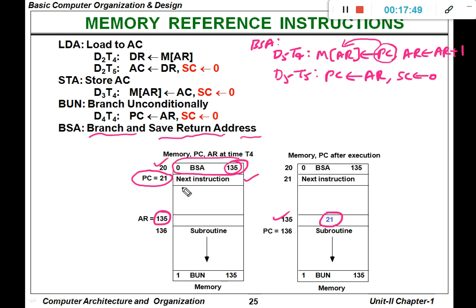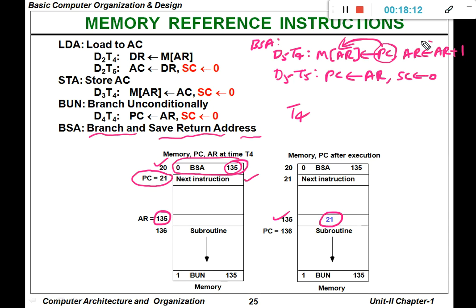So this particular statement has been executed. After its execution, what statement do I need to execute? I need to branch to the AR plus 1 value.